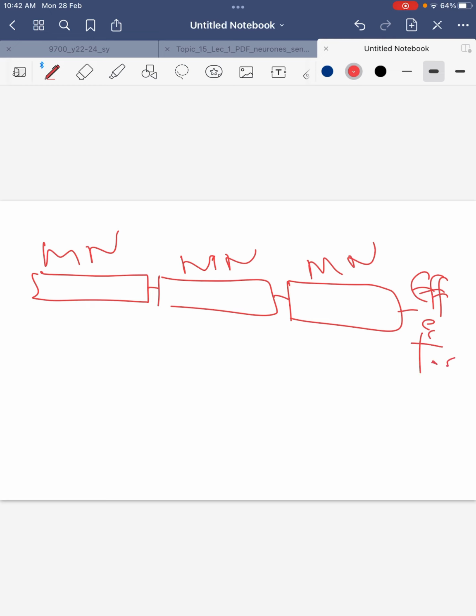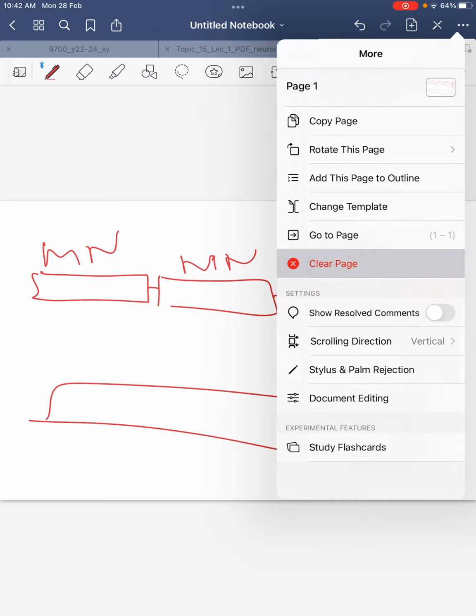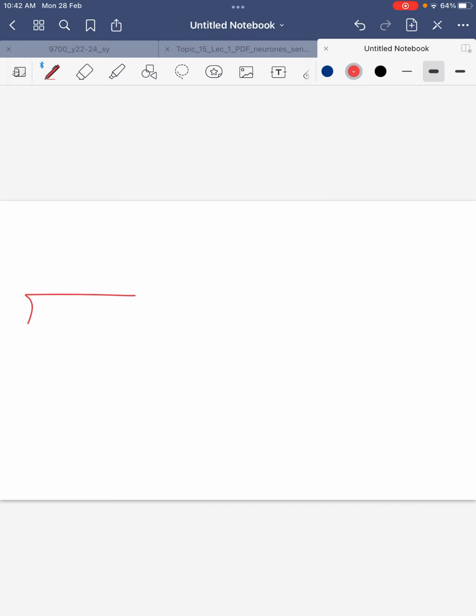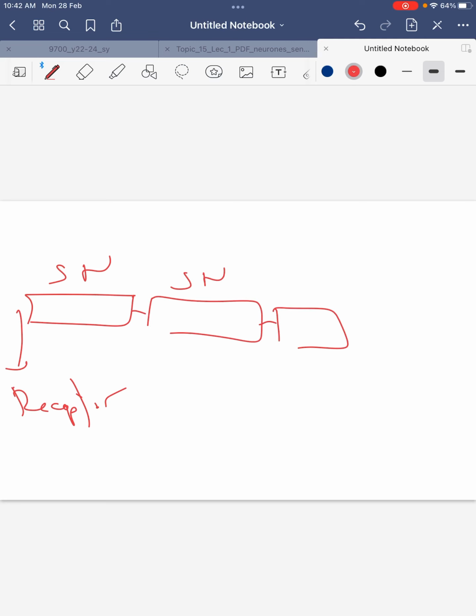So it's not only a single motor neuron. Likewise with sensory neurons: we can have a receptor here, and a sensory neuron connects to another sensory neuron, connects to another sensory neuron until it reaches the central nervous system.